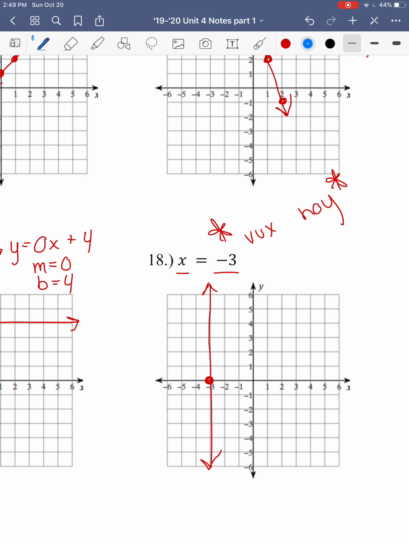What this means is that you'll get a vertical line with an undefined slope, which means I have an x equals equation. And the HOI means I have a horizontal line with a 0 slope, and it's a y equals equation. So it's another way of remembering what a y equals looks like versus an x equals.